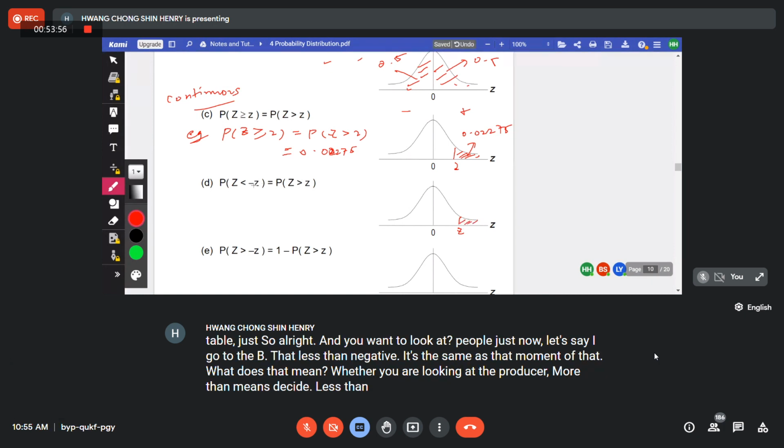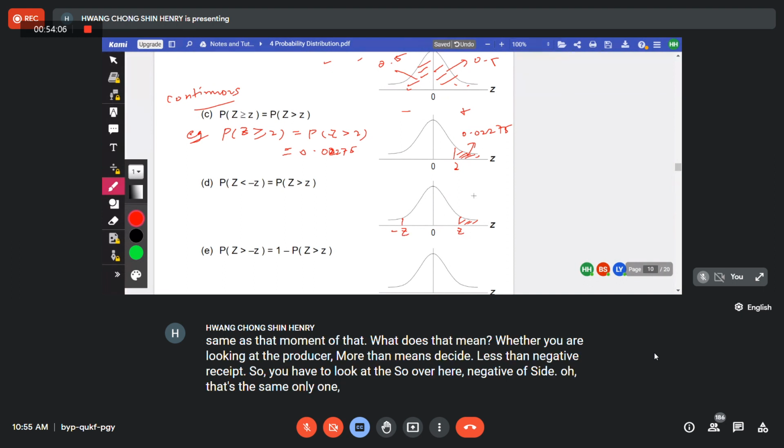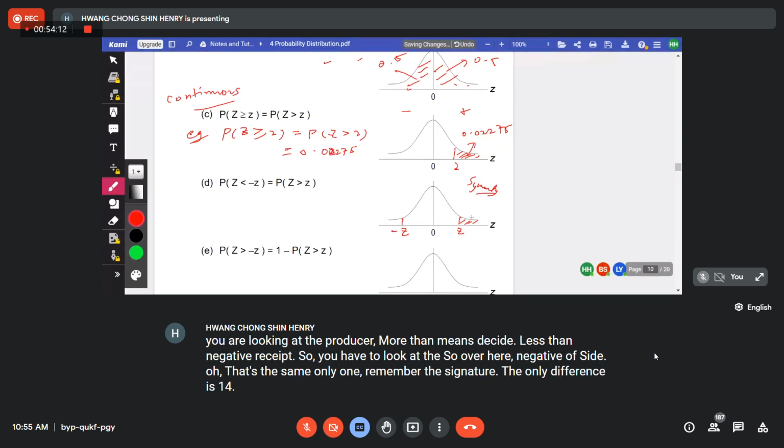Less than negative Z, you see the negative, so you have to look at the left side. So I put here negative. Now, the Z and the Z here is the same value. Remember the symmetry? The only difference is one positive, one negative. Now, are these two values the same or not? Same. Why? Because it's symmetry.